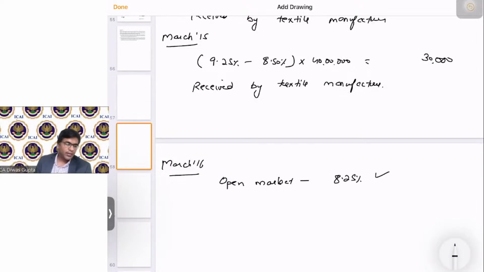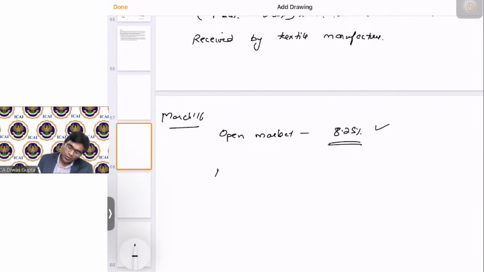So don't you think the textile manufacturer will not exercise the option because market credit is cheaper at 8.25 percentage. So there is no settlement in this case that is going to happen.